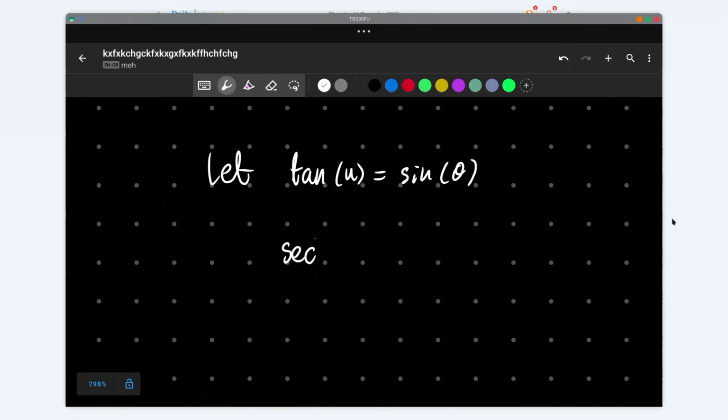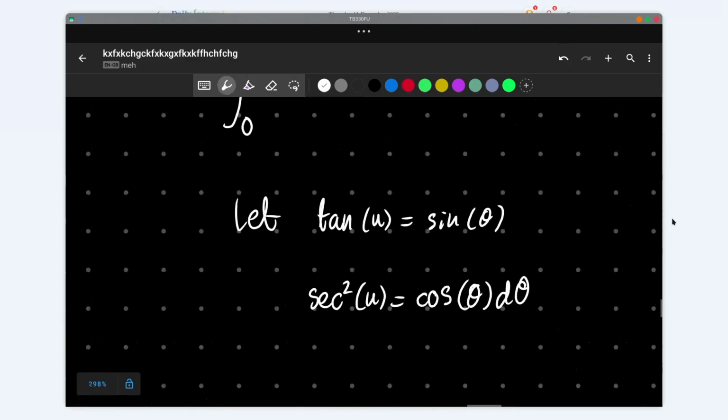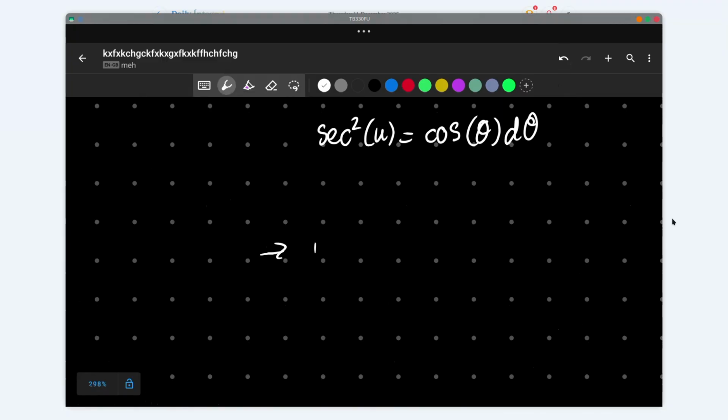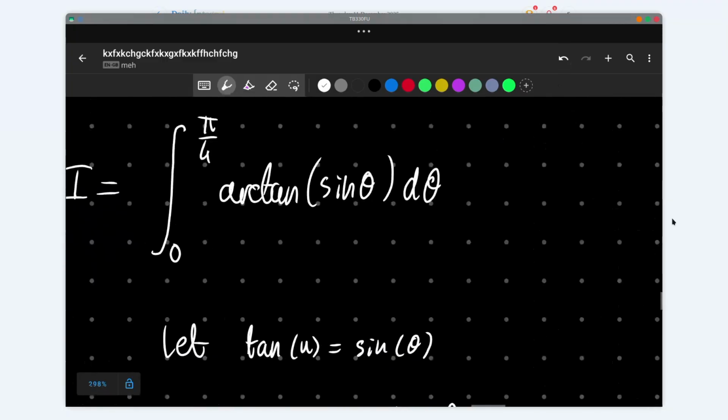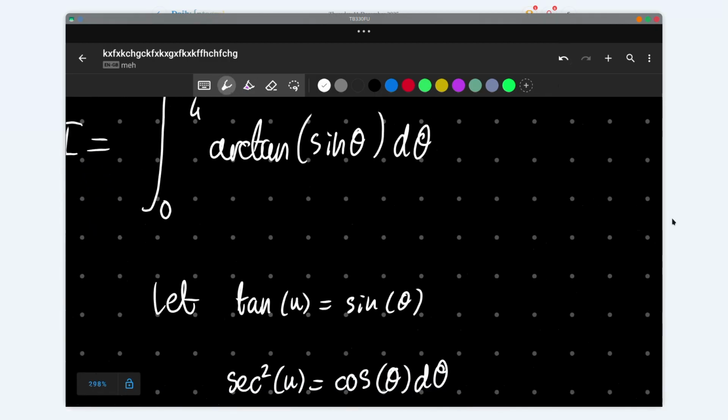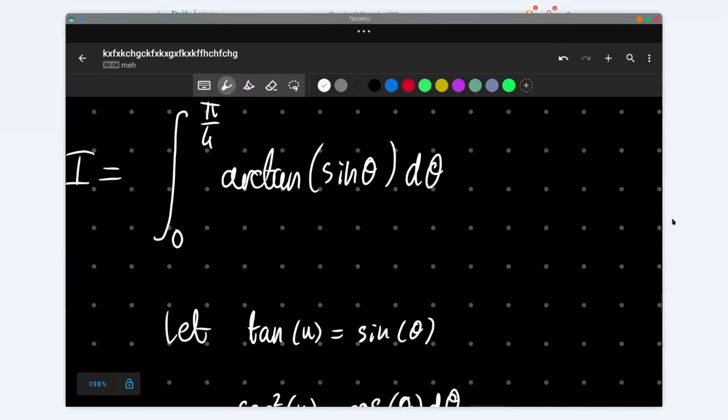Then sec squared u du would be equal to cos theta d theta. Then I of u, once again, I'm not too bothered with limits. You plug in 0, both would be 0. You plug in pi over 4, you get root 2 over 2.